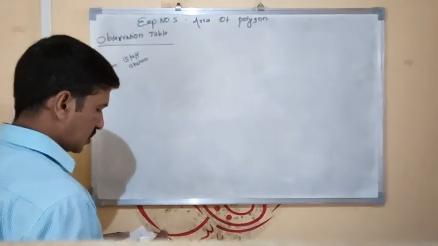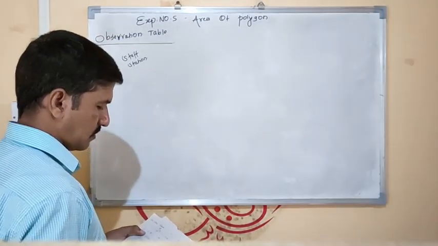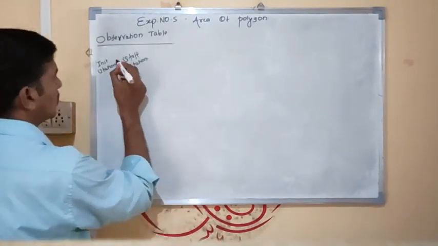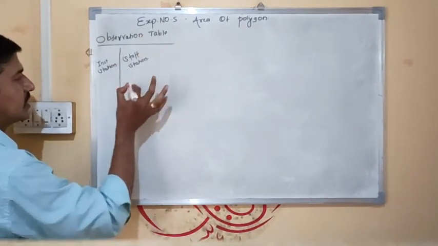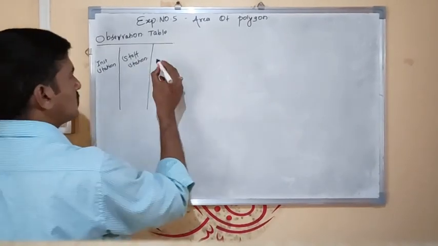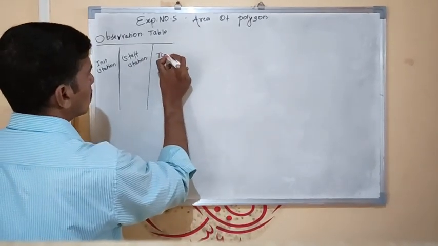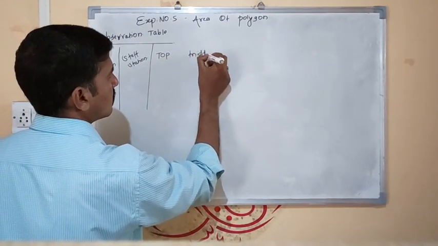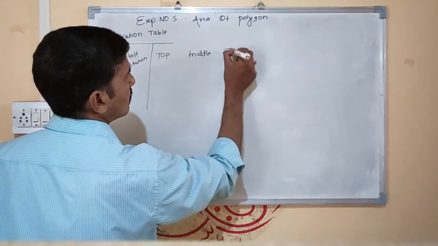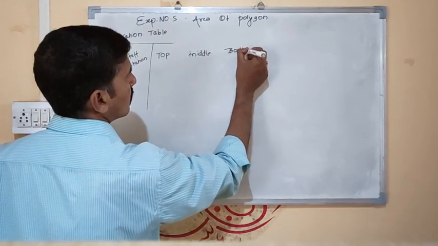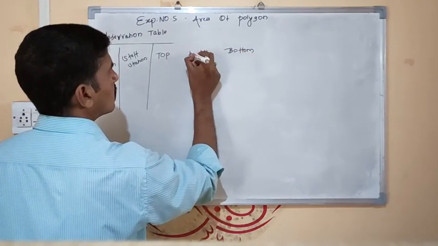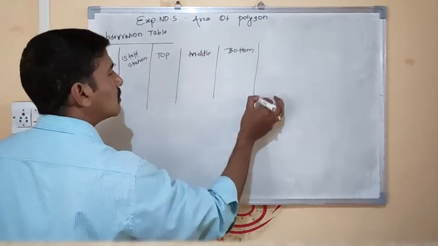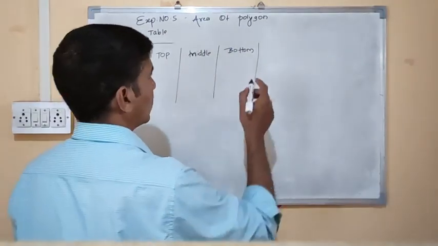Then horizontal. Then go for the crosshair readings, stadia readings: top, middle, bottom. Then take horizontal line.